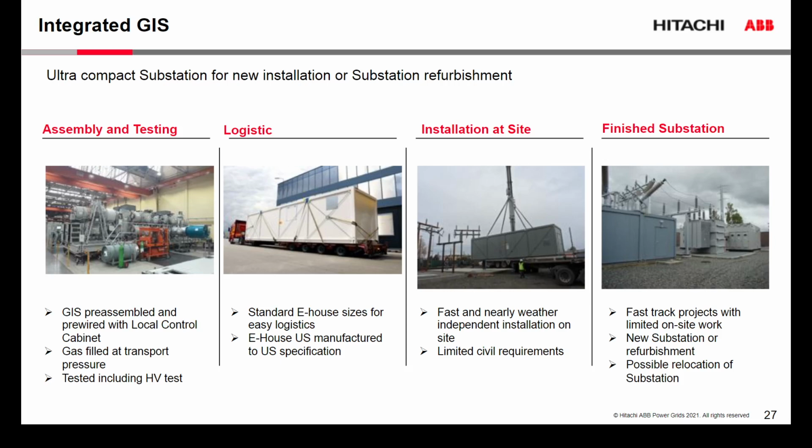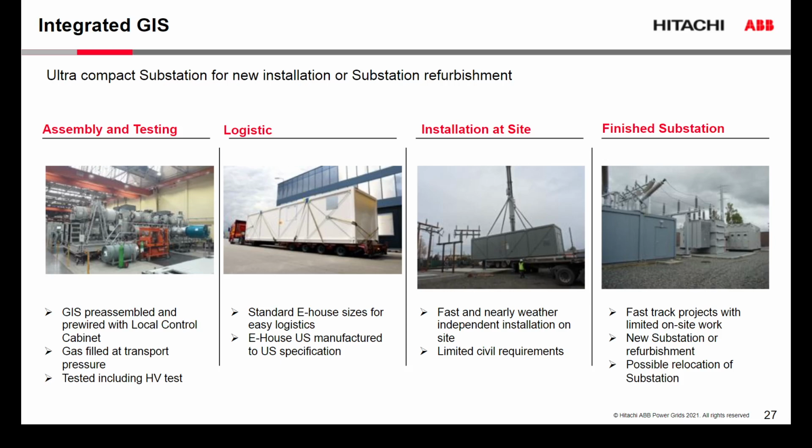The installation at site of such units is nearly weather independent, and I saw houses installed during snowstorms. I say nearly weather independent. You don't want to go too drastically on it, but it is possible with nice coordination. This can be done nearly at every level with limited civil requirements.